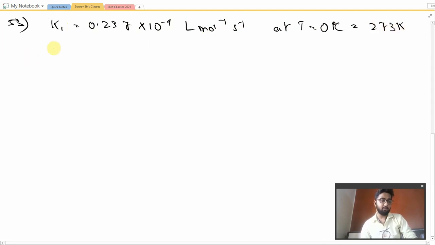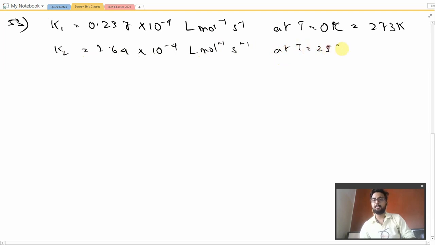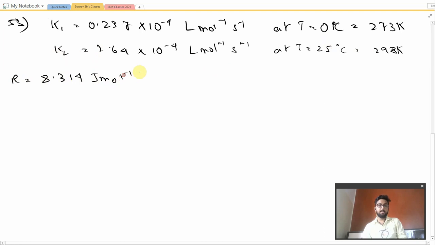Another value is given, that is K2 is equal to 2.64 into 10 to the power minus 4 liter mole inverse second inverse at T equal to 25 degrees Celsius, which is equal to 298 Kelvin. So these are the two values that are given to you. R is given to be equal to 8.314 joule mole inverse Kelvin inverse, and we have to just calculate the value for EA.